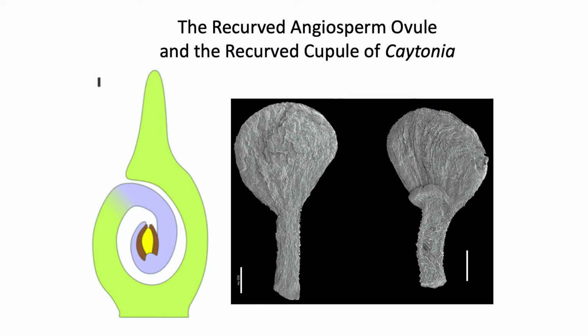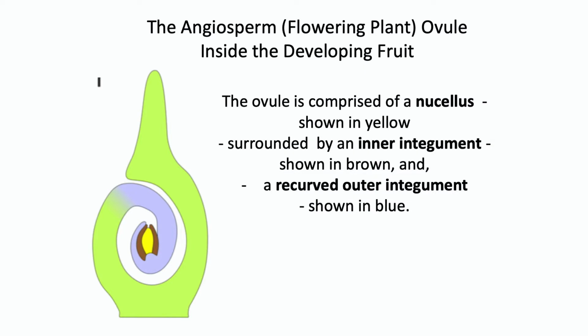This idea is also attractive because the basic form of the angiosperm ovule is also recurved, like the cupule of Caytonia. And we now know that the genetics controlling the development of the outer integument in angiosperms is linked to that curvature.